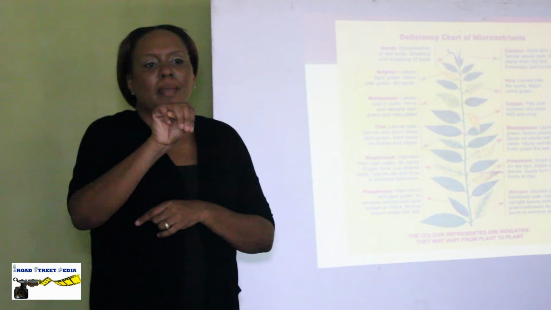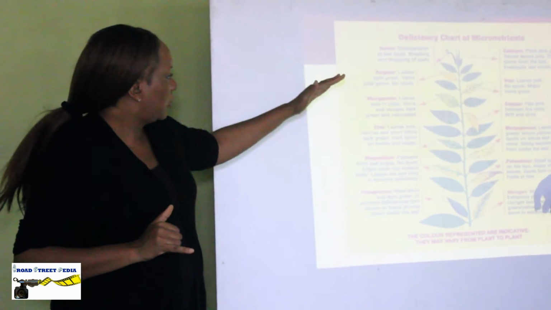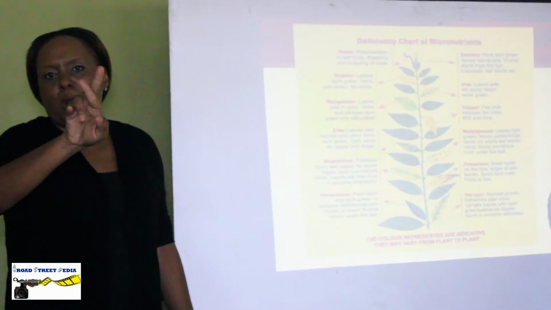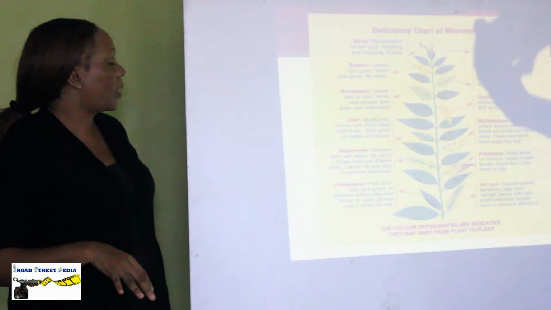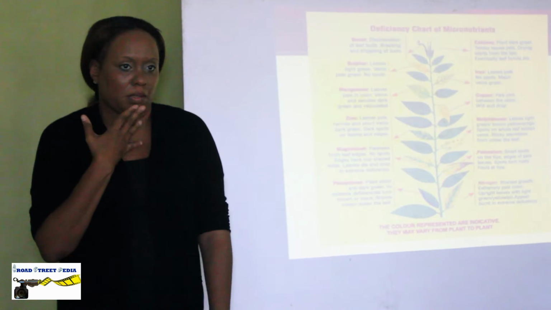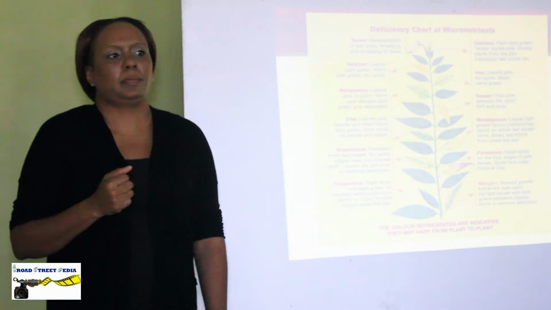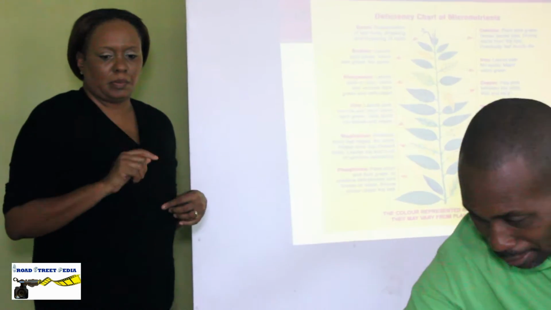So you've got yellowing of the leaf but green veins. And copper, and I like to point out iron, which is very important. For everything that the tree is lacking, it will demonstrate it in the leaves. So we just have to look at the leaves of the plant and it will tell us what is what. I'm just going to show some examples.